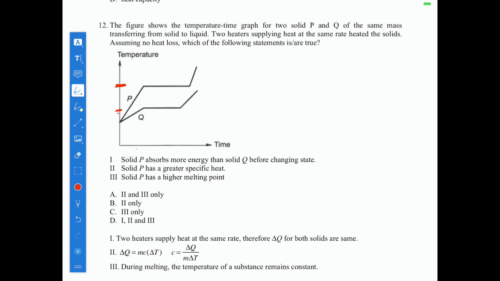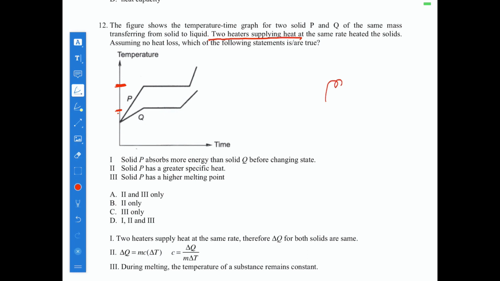Now let's look at one. We have to look at all these statements one by one and determine whether they are true or false. Number 1. Solid P absorbs more energy than solid Q before changing of state. So solid P. Now remember, this is the time. The two heaters supply the heat.